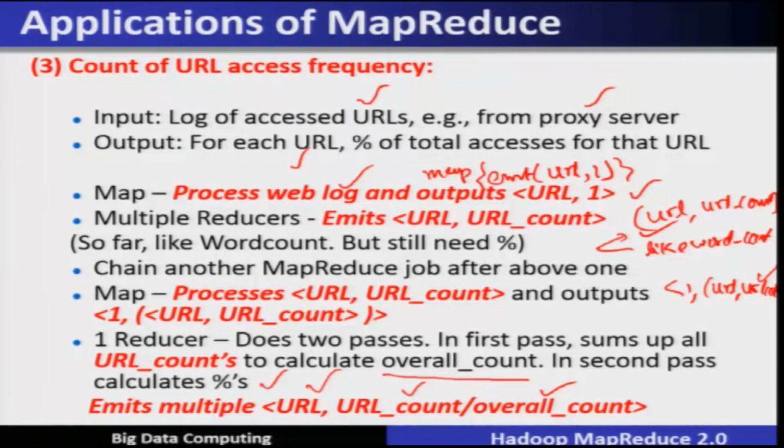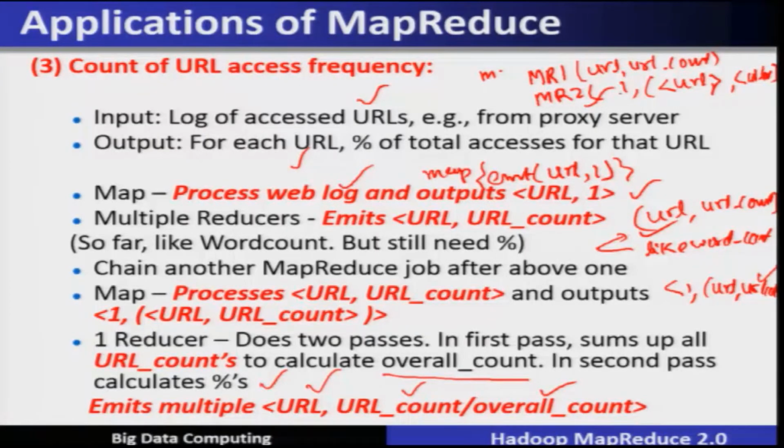So, in this example, we have seen not only one MapReduce, but a series of MapReduce. The first MapReduce function will emit the URL and URL count, which will be taken by another MapReduce function, which will emit 1 and the URL and URL count.